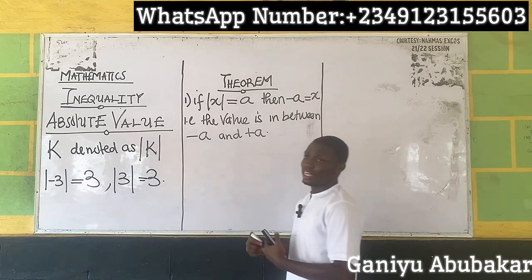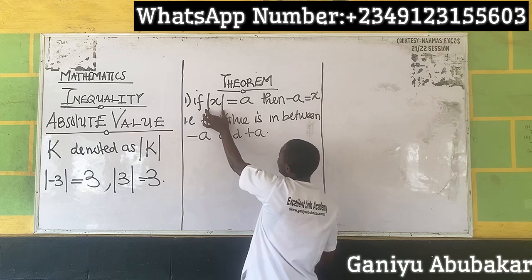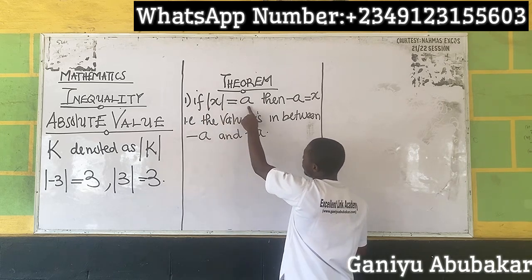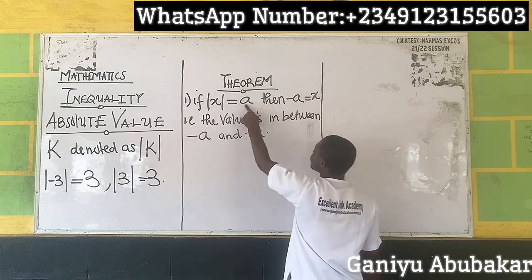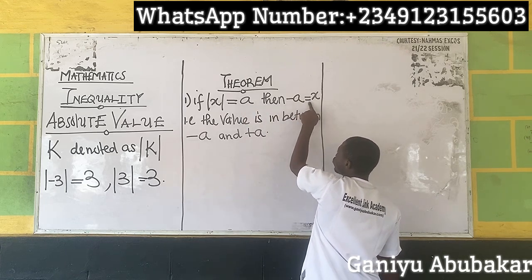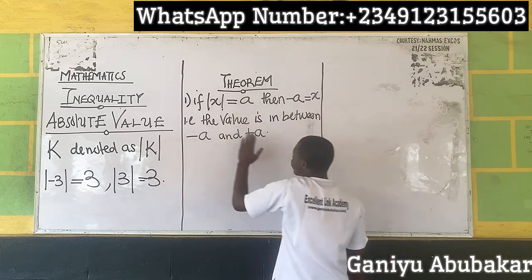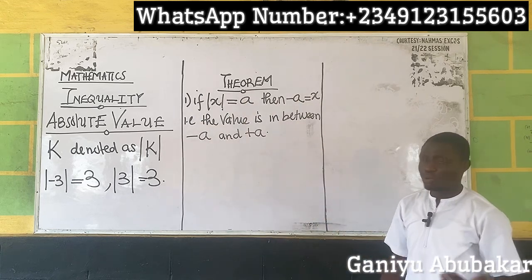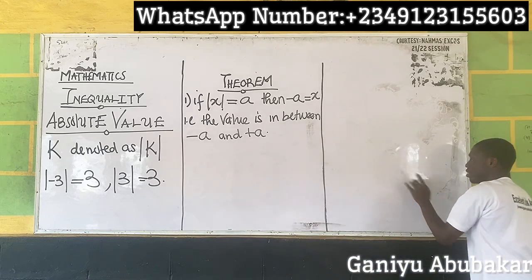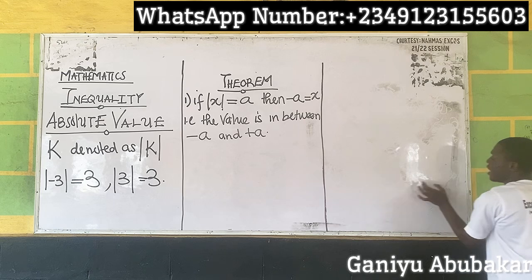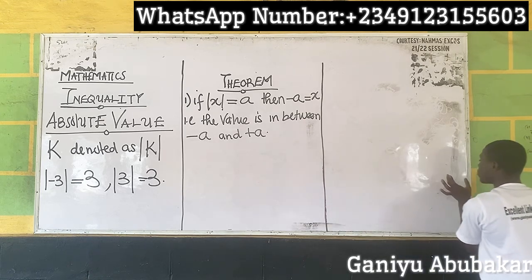So please bear in mind, if I have the modulus of x, or absolute value of x, which is equal to a, my expression should be negative a, equal to the x term. This is the first rule when it comes to absolute value. If you are given the modulus of a term equal to another term, that term becomes negative, equal to the term in the absolute value.